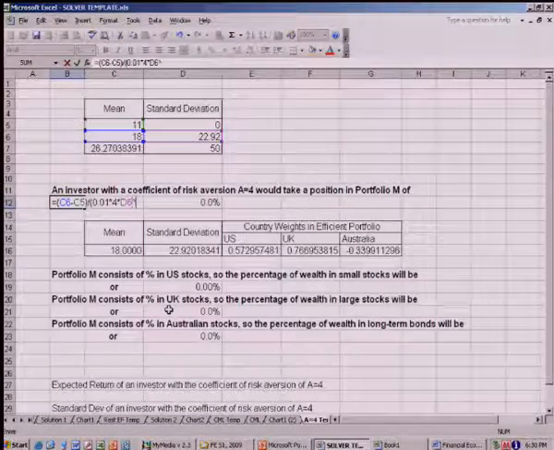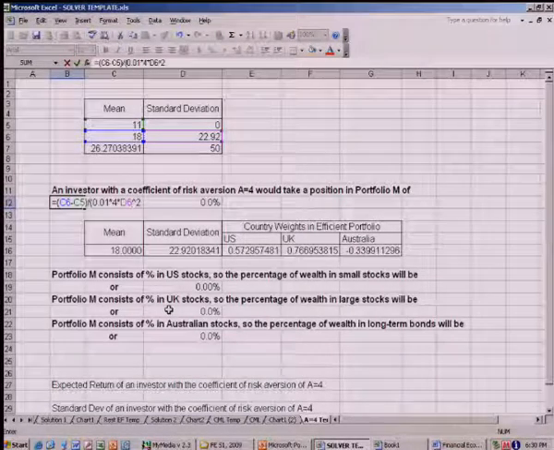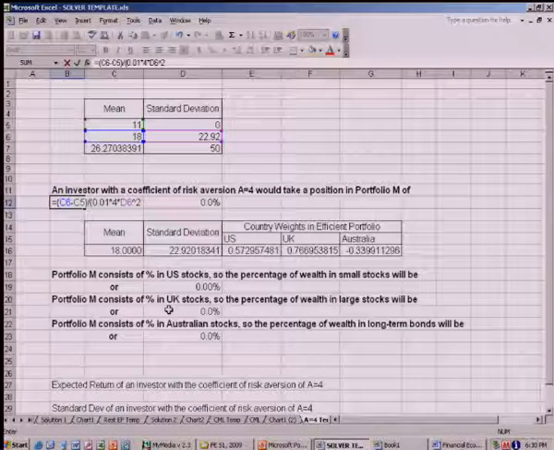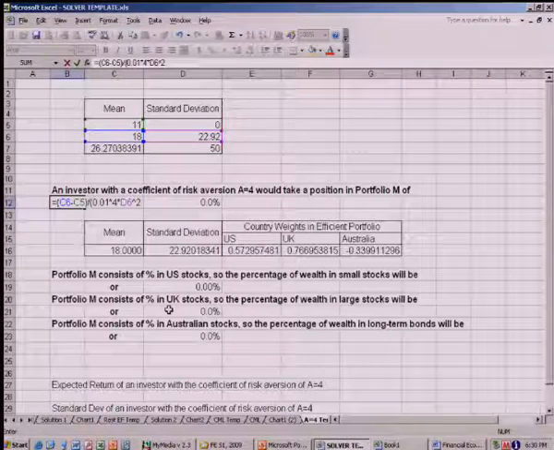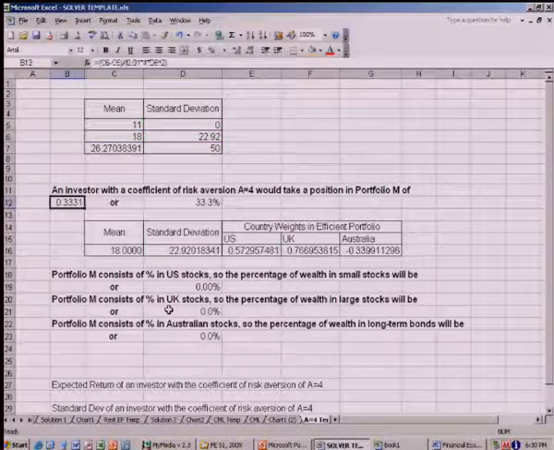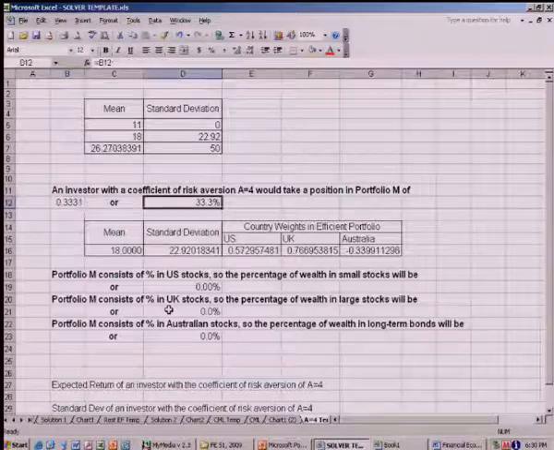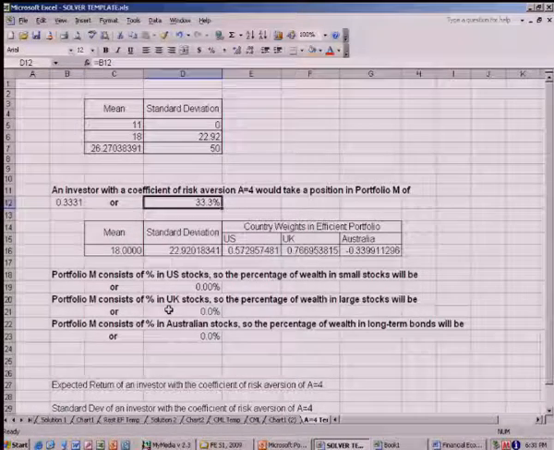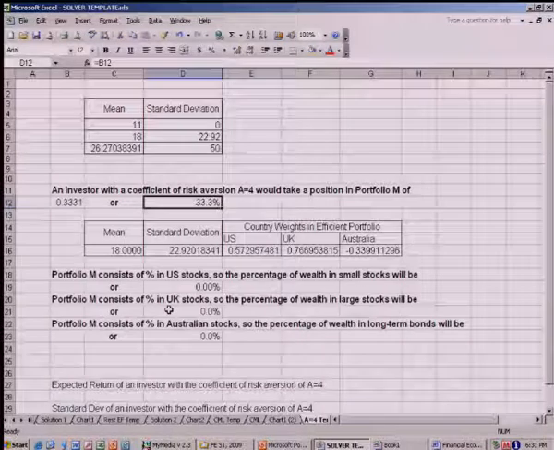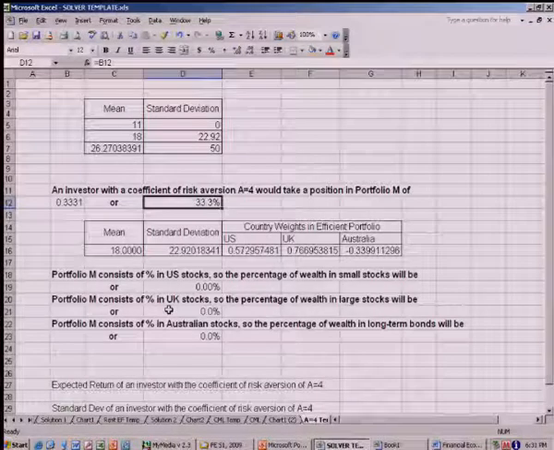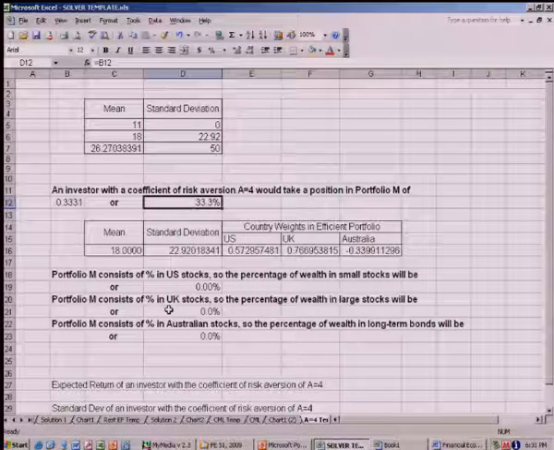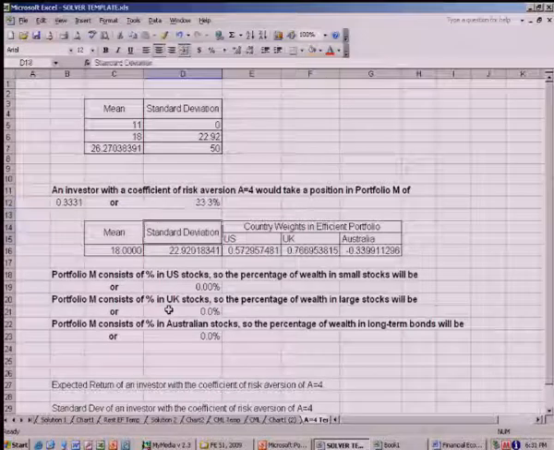But in this case, we need to square it, because really what we need is the variance of that portfolio rather than just the standard deviation. Close the brackets and enter. And so what it tells me is that this investor, with this level of risk aversion, should be investing 33.3% into this optimized portfolio.